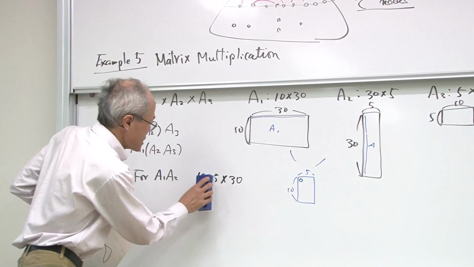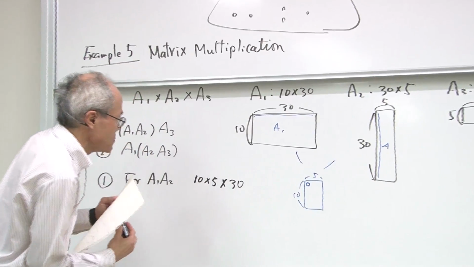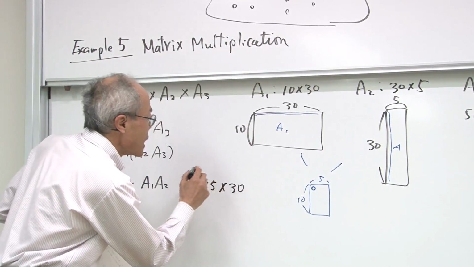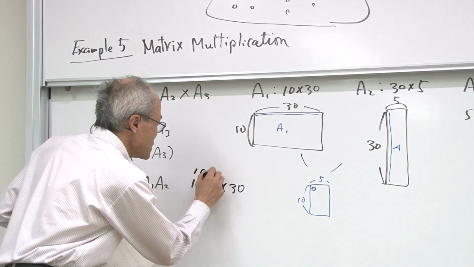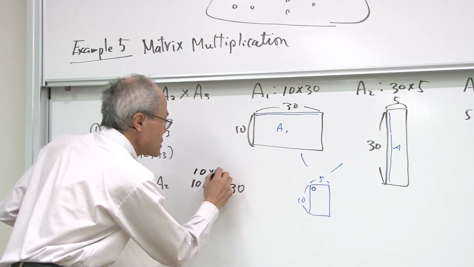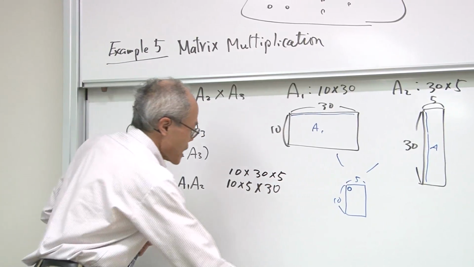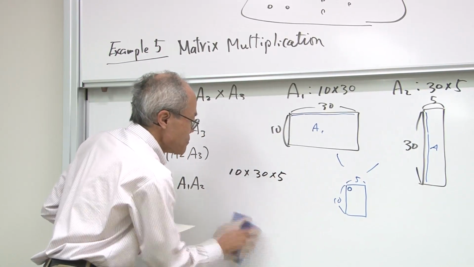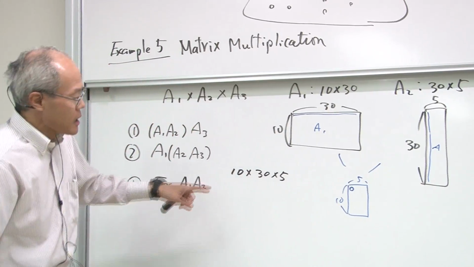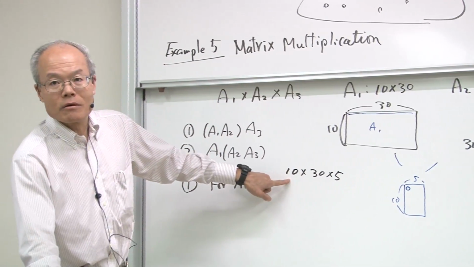I'll change it a little bit. This is the same as 10 times 30 times 5, of course, but I want to use this order because it is easy to consider.